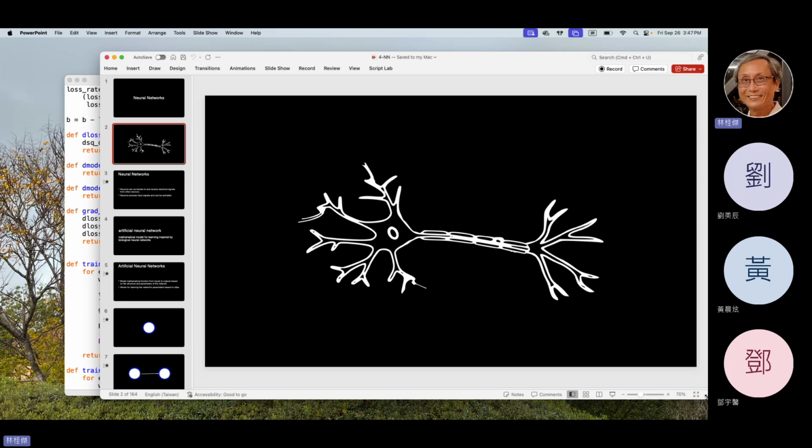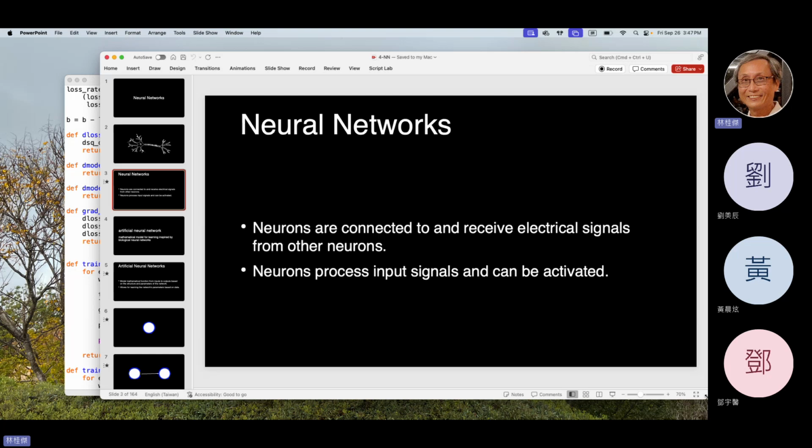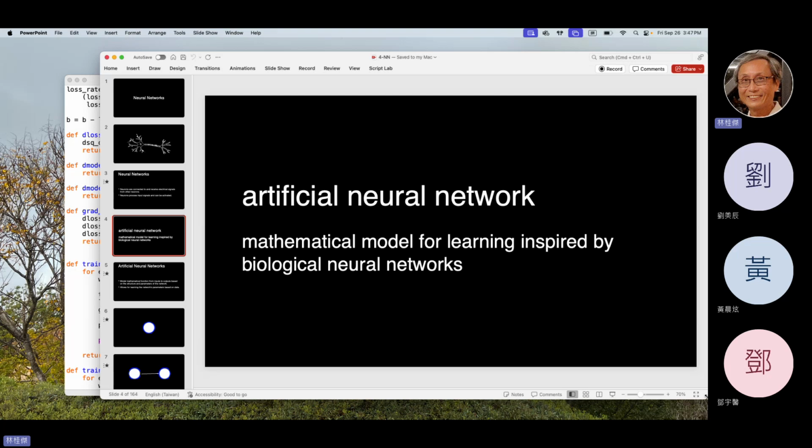Basically, the neural network is originally a bio-neural network, but we try to build our computer systems just like the human bio-neural network. Originally this is called the artificial neural network, which is the mathematical model for learning inspired by the biological neural network. But nowadays when people talk about neural networks, everybody is actually talking about artificial neural networks, which we build using our computers.